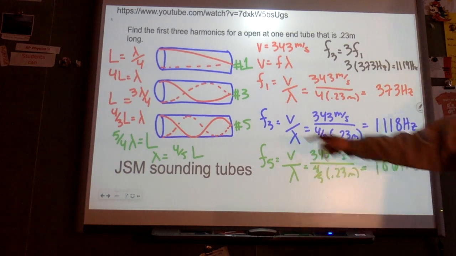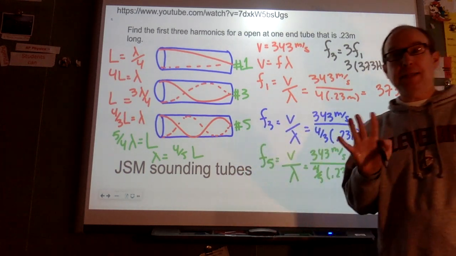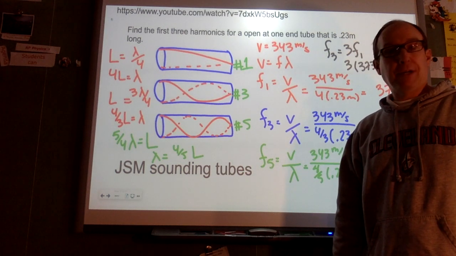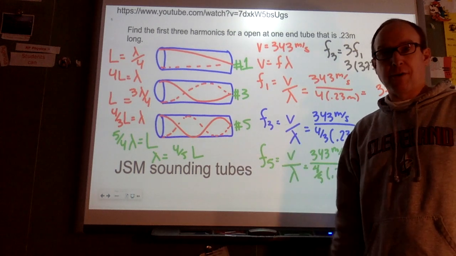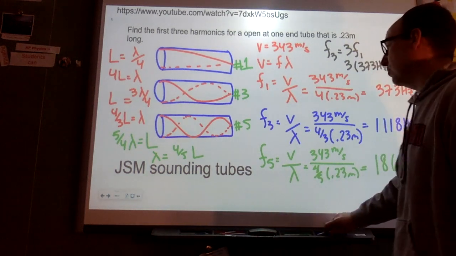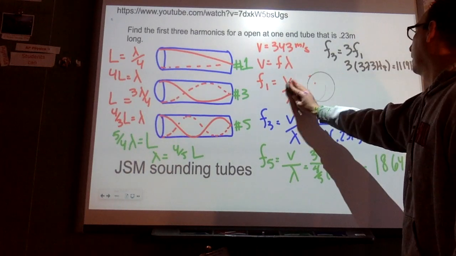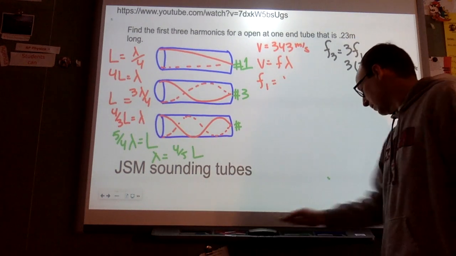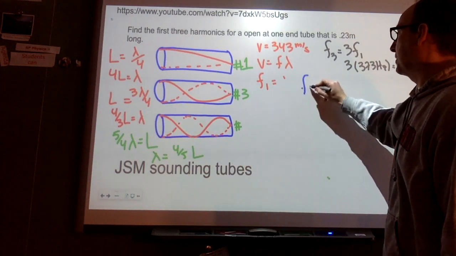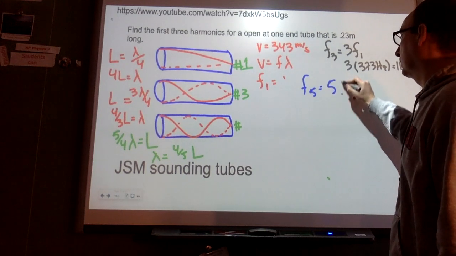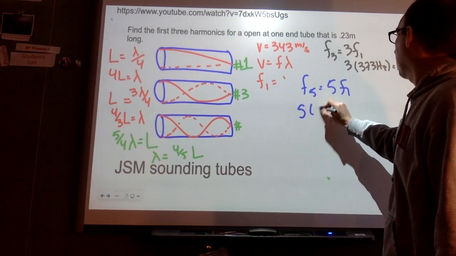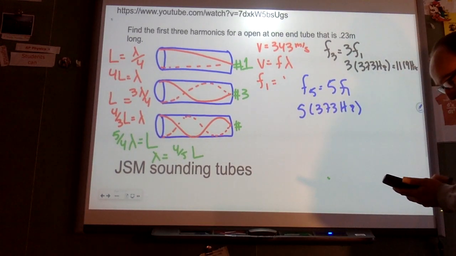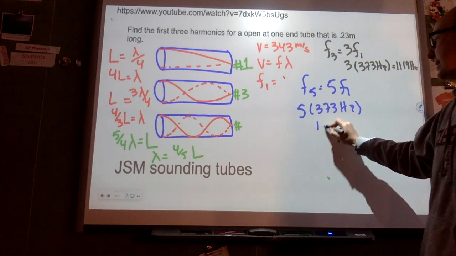For my next harmonic, which would be the fifth harmonic, because the frequency is 5 times, not because it's the fifth in an order of 5, that's going to be equal to 5 times the fundamental frequency. And I'll demonstrate these harmonics for you guys in class, or I already have. And so this should be 5 times 373. And I got 1865.